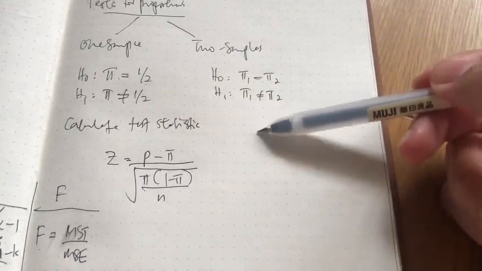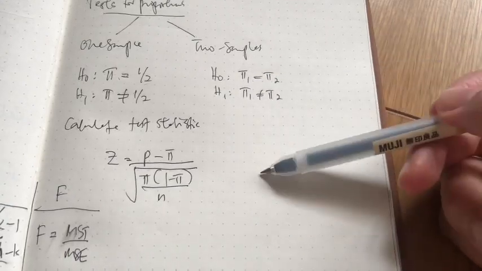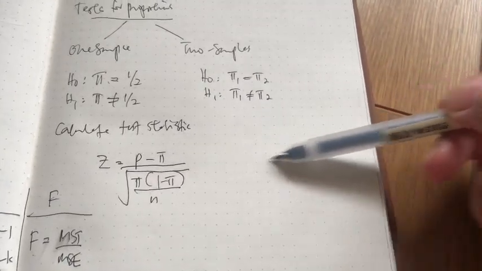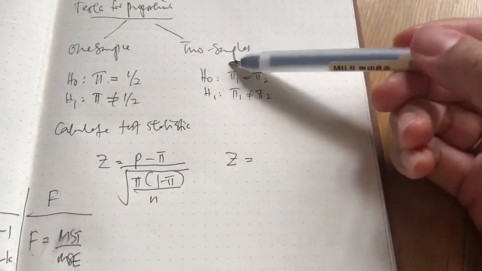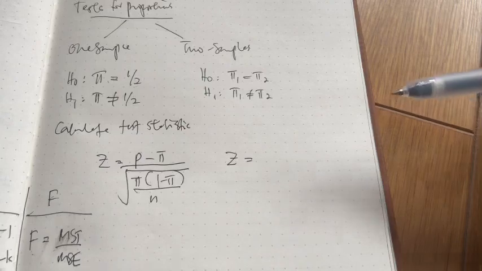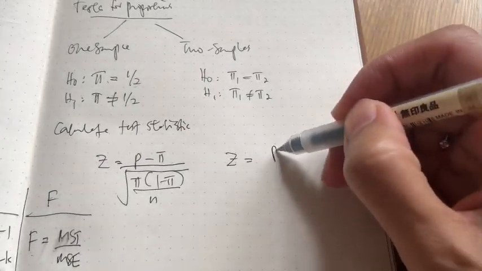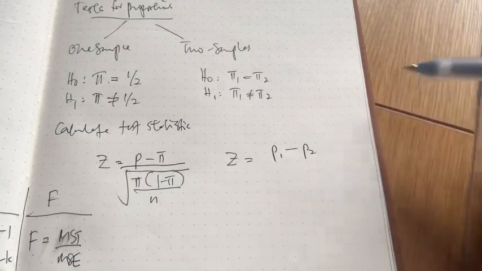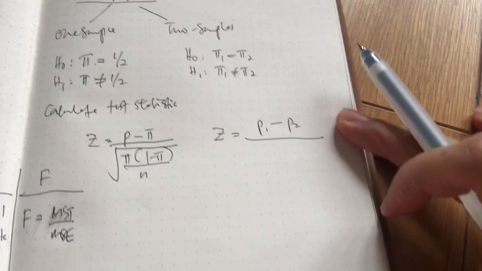So how do we calculate the test statistic for a two sample proportion test? Very similar, only this time for the numerator, the top part up here, because we've got two samples, we will have two sample proportions. So up here would be P1 minus P2, divided by, down here, this is where it's a bit different.